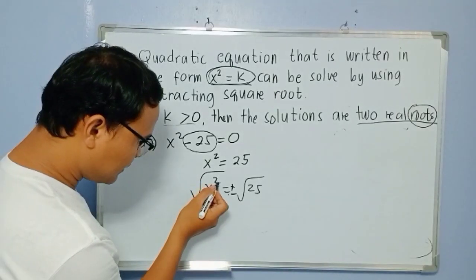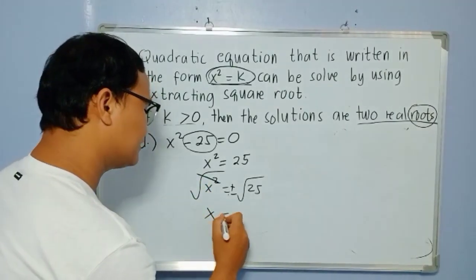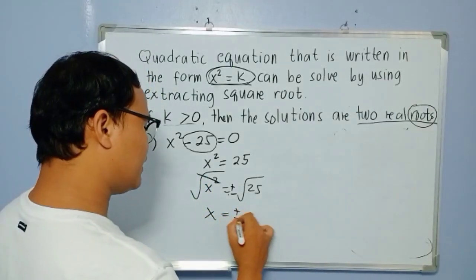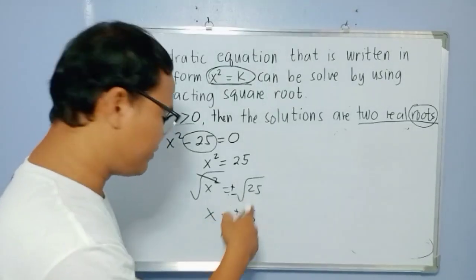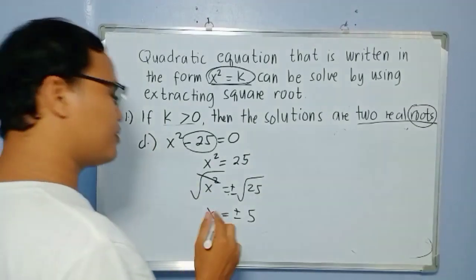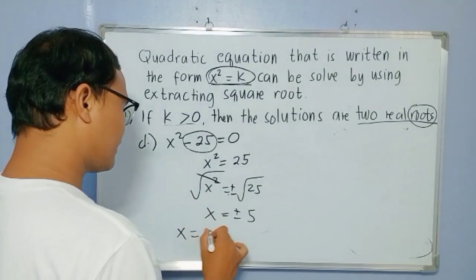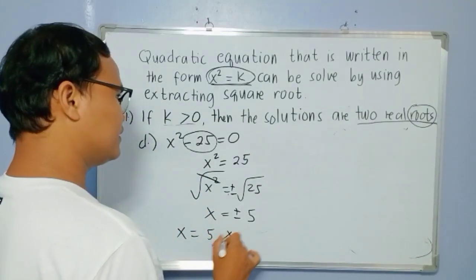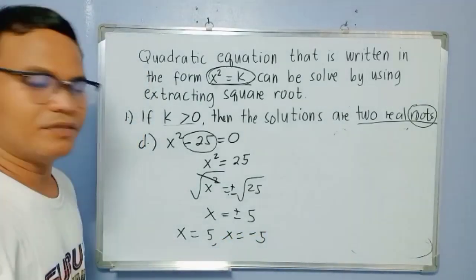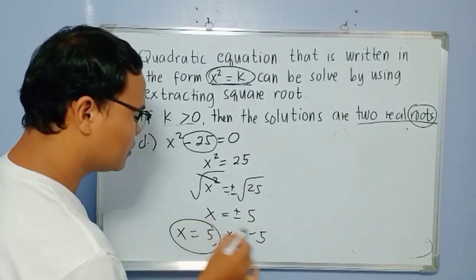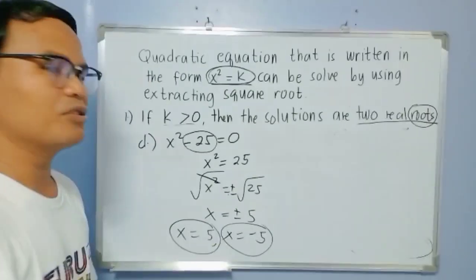Then again, this is x. Then positive negative 5, because square root of 25 is 5. So these are the two roots: x equals positive 5, x equals negative 5. This is now the solution, two real roots.